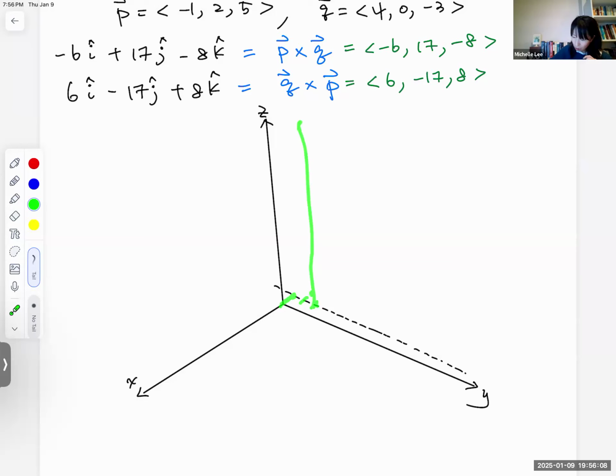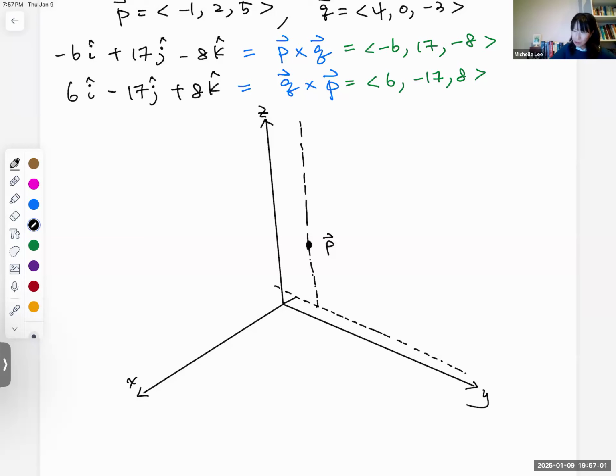So that will be 1, 2, 3, 4, 5. That will be P. Negative 1, 2, 5. Make sense? So this is P.